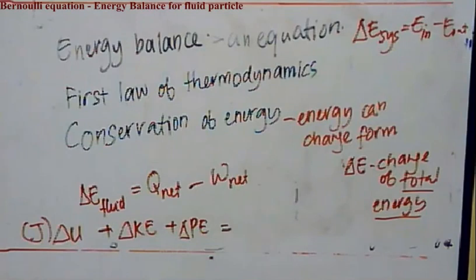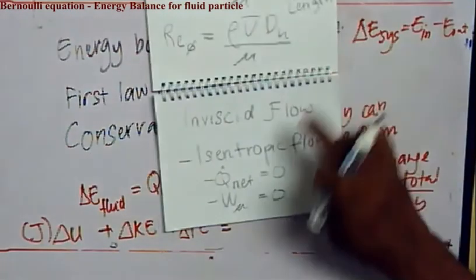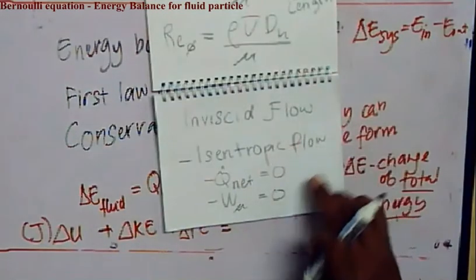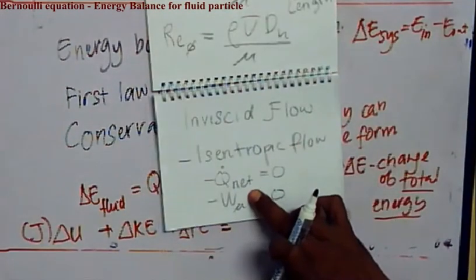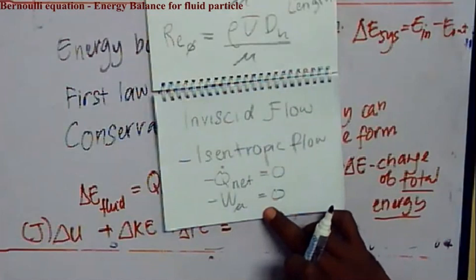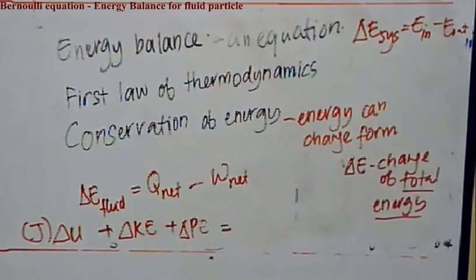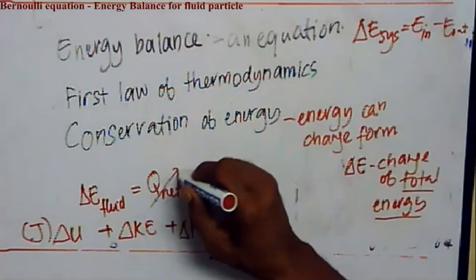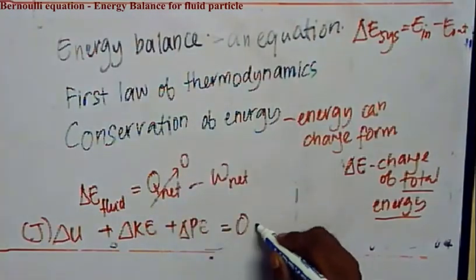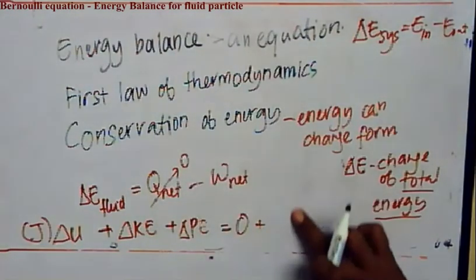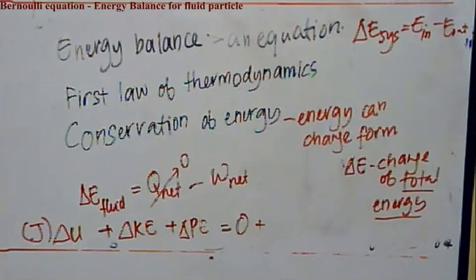So we said just now that for inviscid flow, there is no heat transfer, there is no friction, right? So this is what we already decided. So there is no Q, heat transfer, but there is a flow work, right?